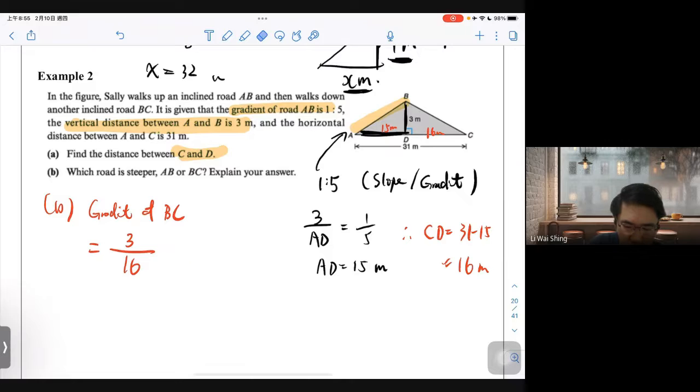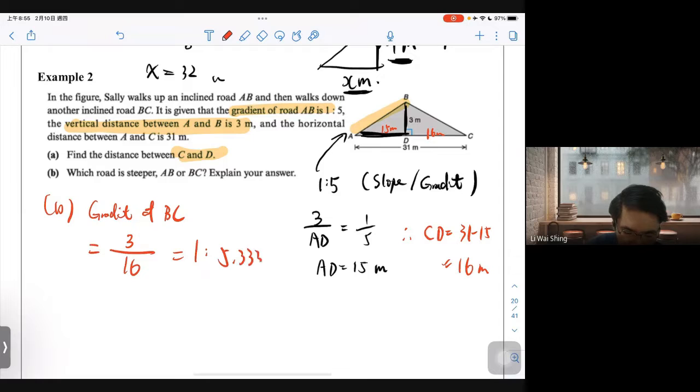That means it is 1 to what? 1 to how many? 5.333. Gradient of AB is equal to 1 to 5.